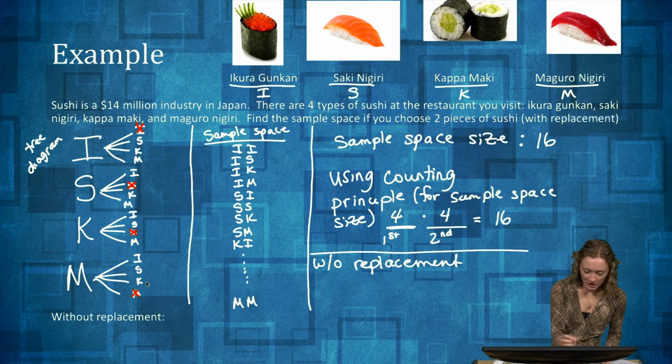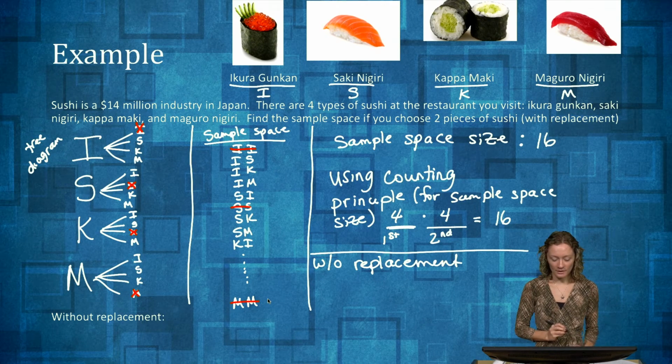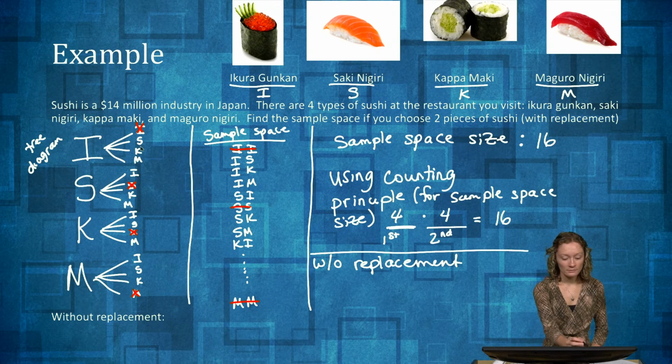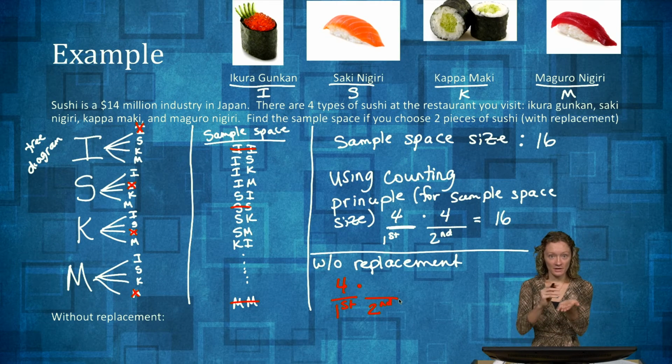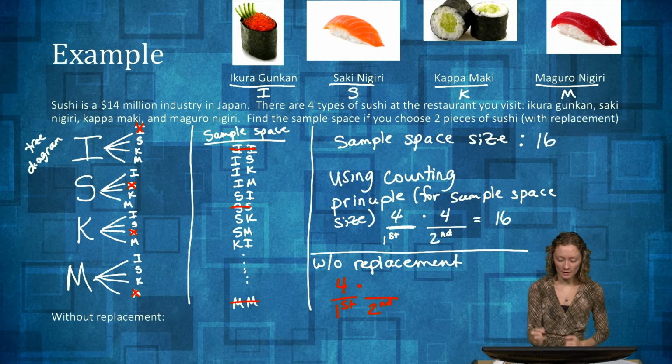So the only thing that would change is that each of these where the same thing happened is being cut out. So again, you could count 1, 2, 3, 4, 5, 6, 7, 8, 9, 10, 11, 12. You can count the sample space formally listed, or you could use the counting principle. The first piece of sushi, there are 4 to select from. And then for your second selection, you've taken 1 and it's no longer an option.